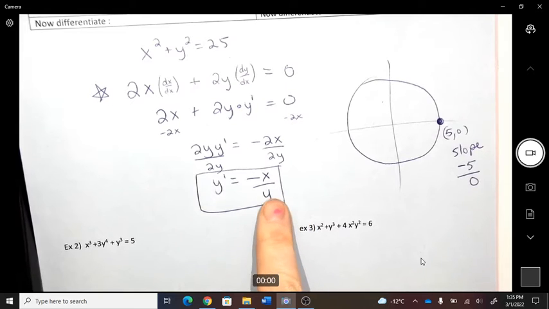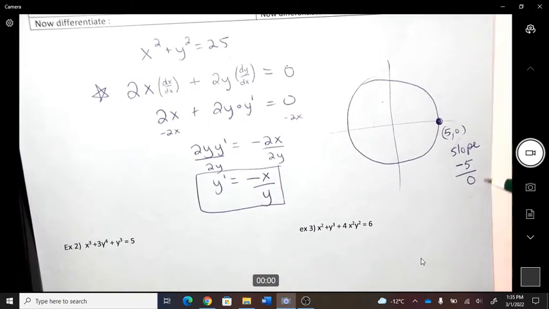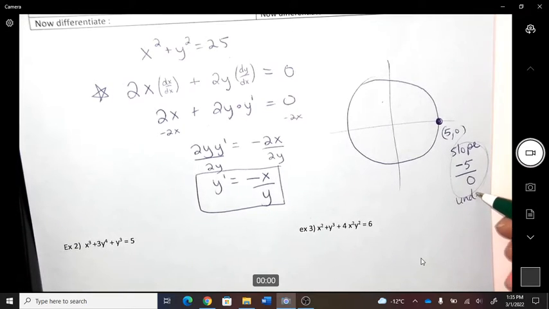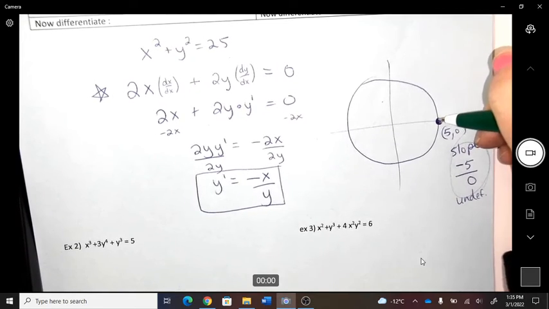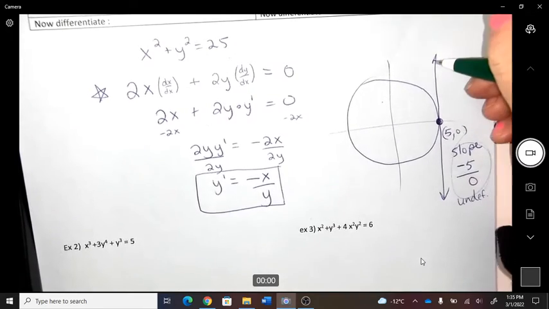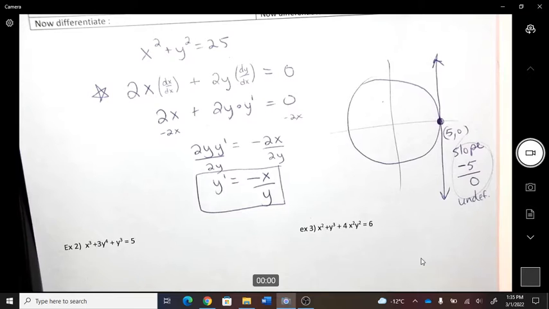That's what the formula says, negative x divided by y. What do you say when you have a divide by 0? Undefined, right? What is the slope of this tangent line? Undefined, right? It's an infinite slope.